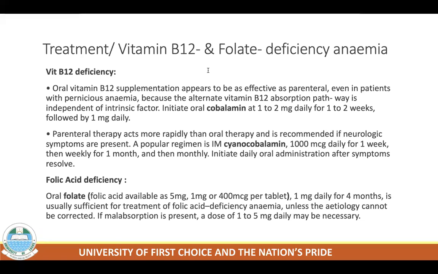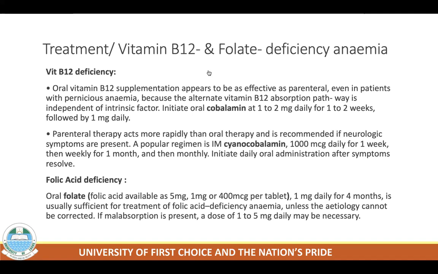If you look at the physical features, you may be able to differentiate folate from B12 deficiencies, but it's hard to differentiate iron deficiency anemia from all the others because it's very prevalent and the features are very close.